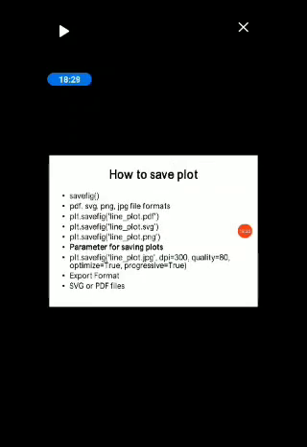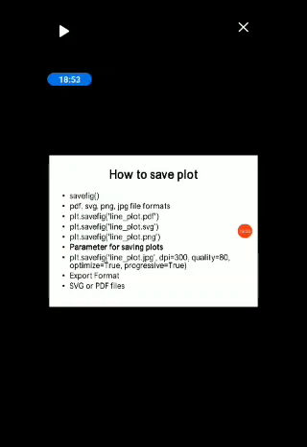And the very important point of this discussion, how to save the plot. The function for this is the savefig function. So you may save the figure. The file formats allowed are JPG, PNG, SVG and PDF.